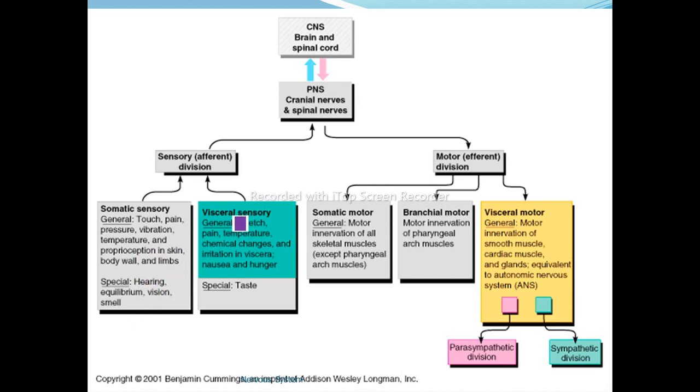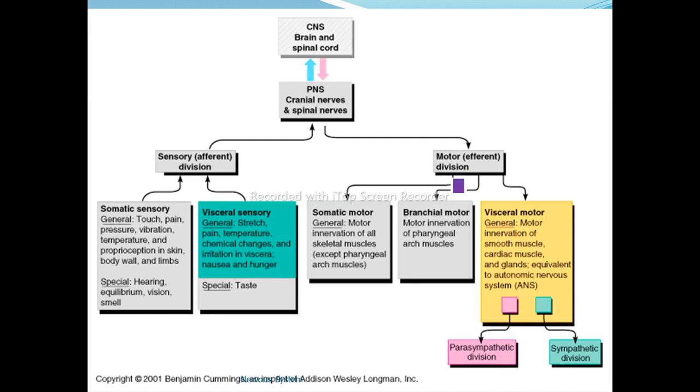Visceral sensory also has general visceral sensory and special visceral sensory. Special visceral sensory is taste, and general visceral sensory covers things like stretch in the stomach, pain, temperature, chemical changes, irritation in the viscera, nausea, and hunger. These are detected by general visceral sensory.